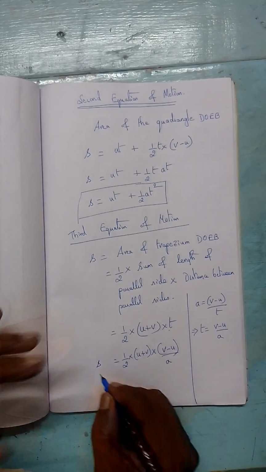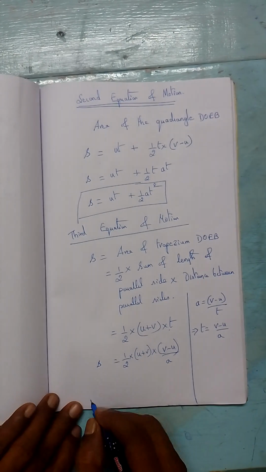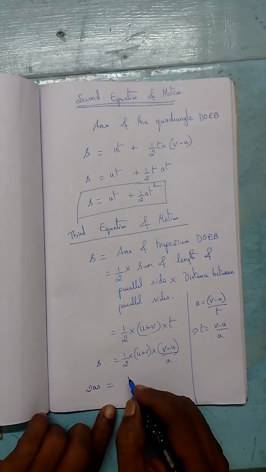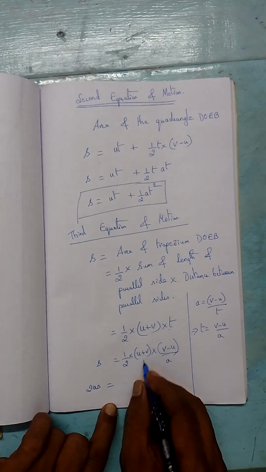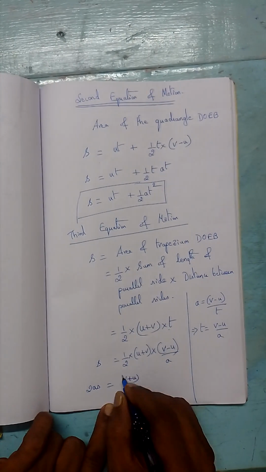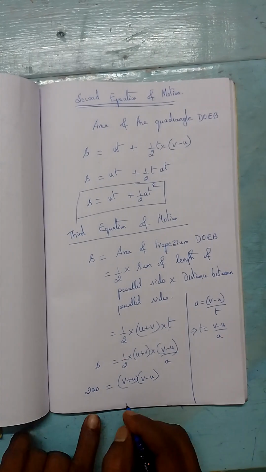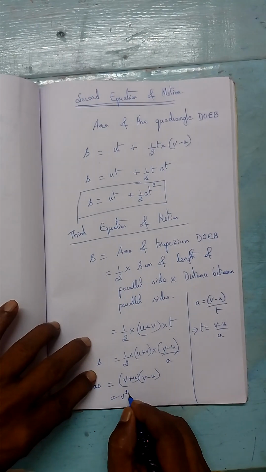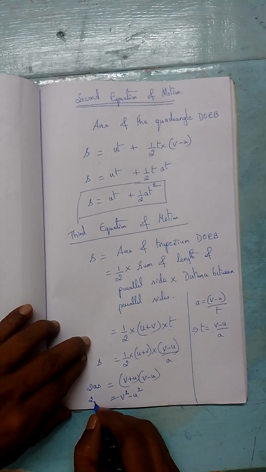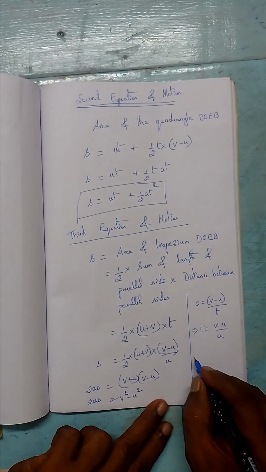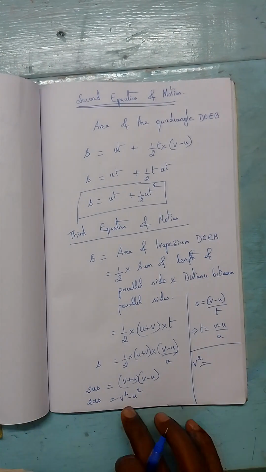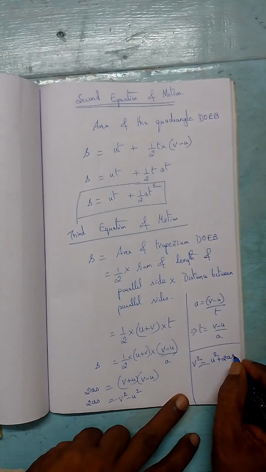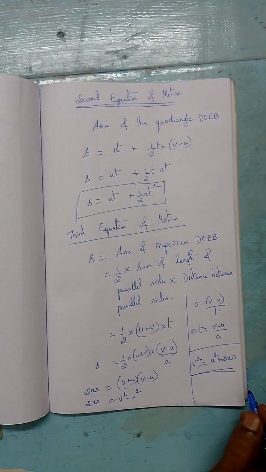This is S. Now 2 into a is 2a, bring this to the other side, so you will get 2aS. What will you have on the right hand side? u plus v into v minus u, which can be written as (v plus u) into (v minus u). Now this is of the form (a plus b) into (a minus b), which is a squared minus b squared. So 2aS is v squared minus u squared. The final answer: bring this minus u squared to the other side, and you get v squared is equal to u squared plus 2aS. This is the third equation of motion.